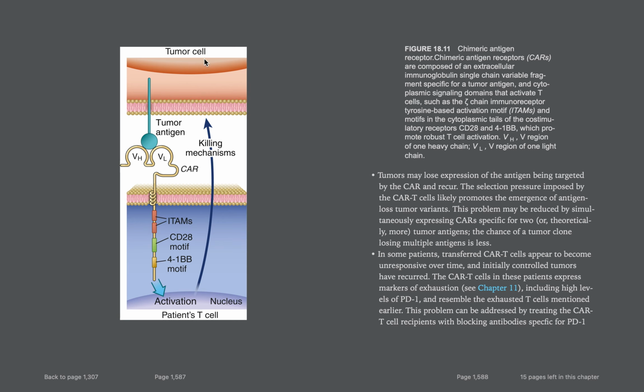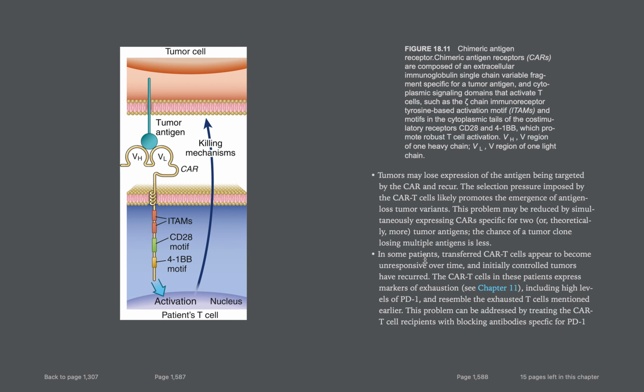So we have tumor cells, tumor antigens, then ITAMs activate the patient T cells, then the killing mechanism happens. Tumor may lose expression of the antigen being targeted by CARs and recur.